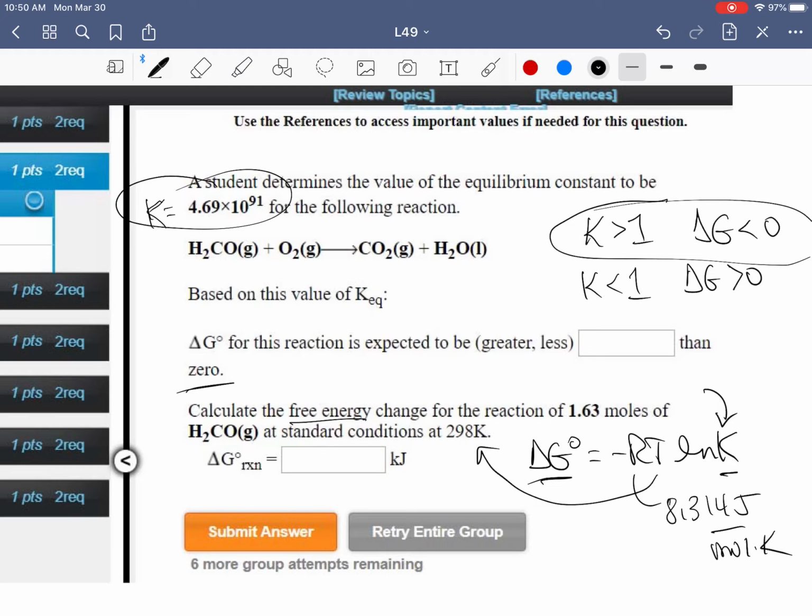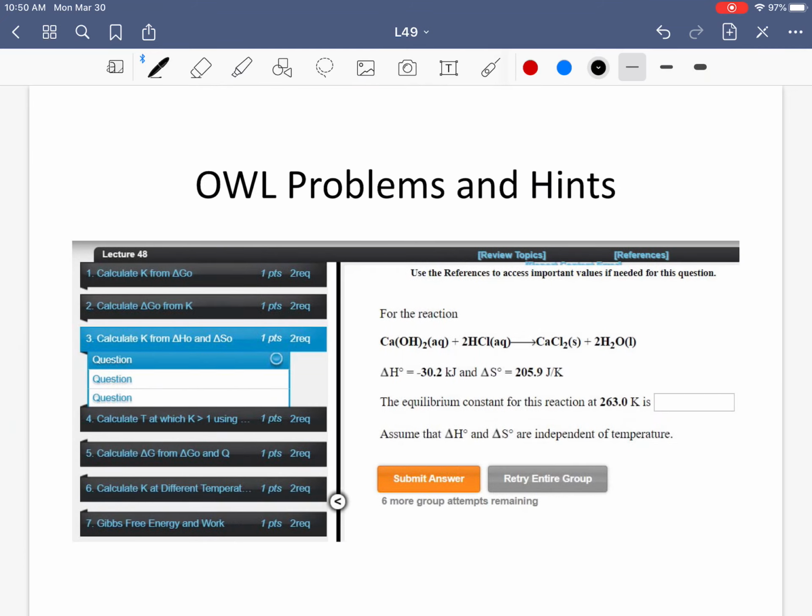So just testing your knowledge there, but that gives you the delta G per mole. So then you're going to have to multiply it by the number of moles to actually get the energy there. All right, so that's problem number 2.